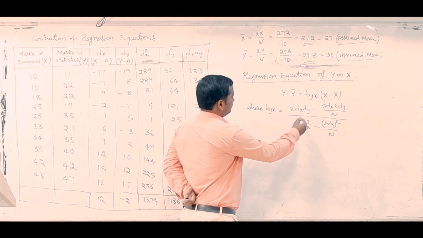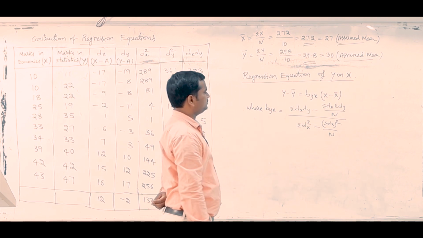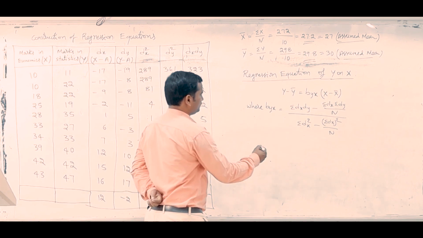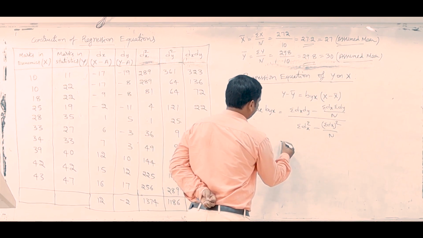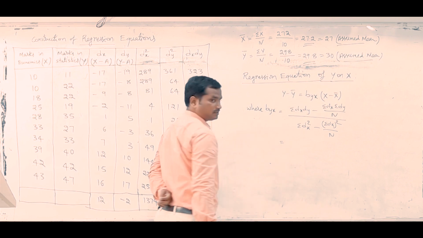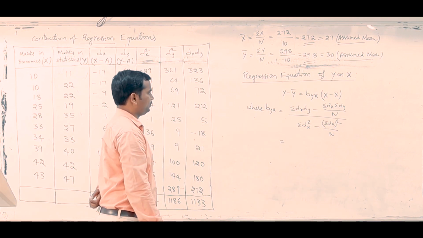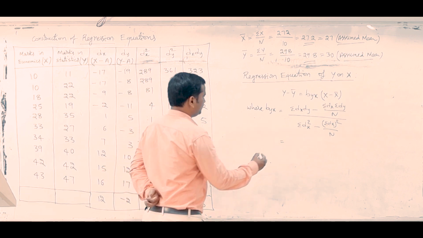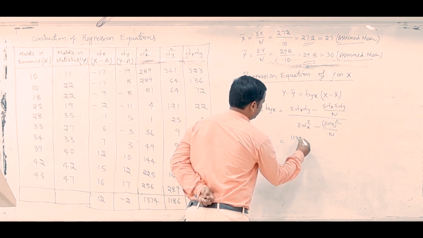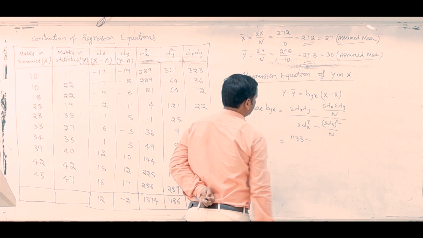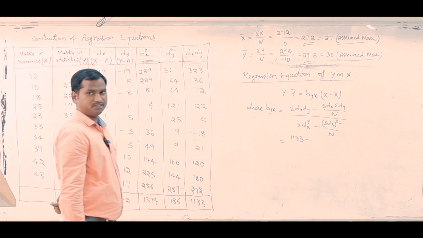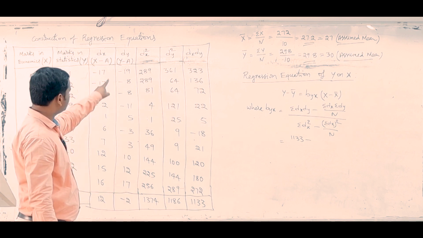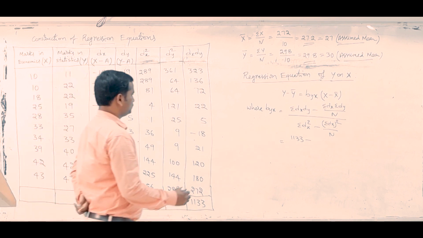So this is the formula for the regression coefficient byx. With this formula we should find the regression coefficient byx. Here summation dx dy, the total is 1133 minus summation dx summation dy. So summation dx is 12, summation dy is minus 2.